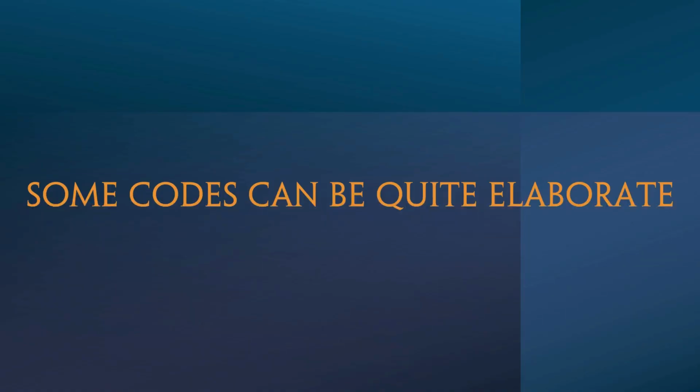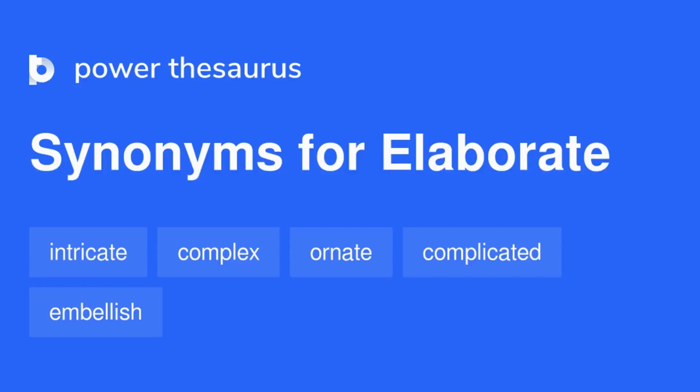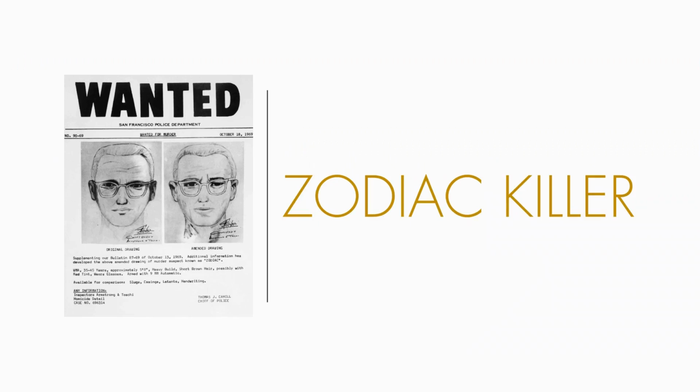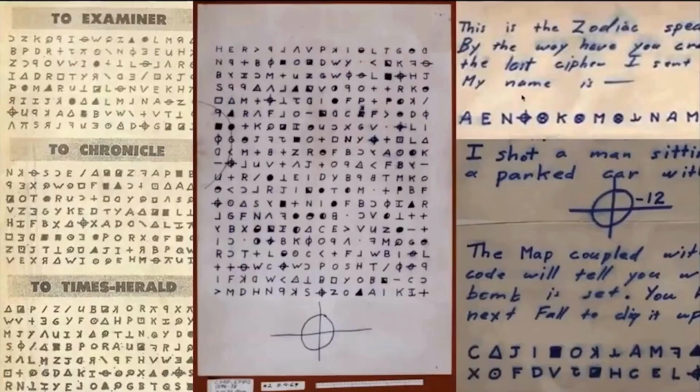Now, sometimes some codes can be quite elaborate. That's elaborate. That's not elaborate, that's elaborate. Meaning intricate, complex, ornate, complicated, embellished. For example, the Zodiac Killer, he came up with a really, really interesting code. You would have seen it throughout. Any true crime fans would know the code that he came up with.